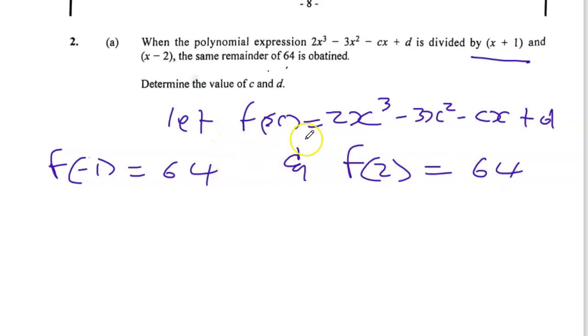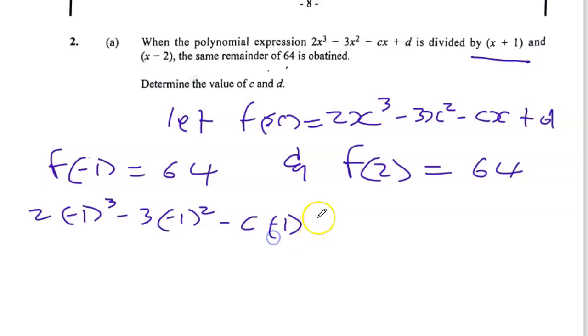So f of negative 1: we substitute into this, so 2 times minus 1 cubed minus 3 times minus 1 squared, so we're replacing all x values with minus 1. So it's minus c times minus 1 plus d should be equal to 64. Let's simplify this now. Negative 1 cubed is negative 1, times 2, that's negative 2. Negative 1 squared is positive 1, times negative 3, that's negative 3.